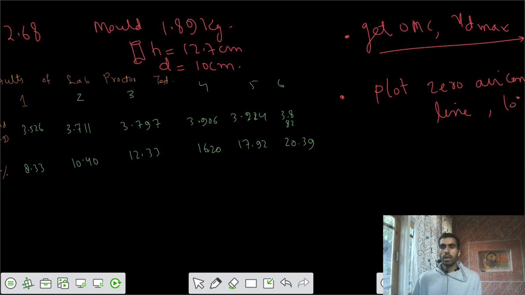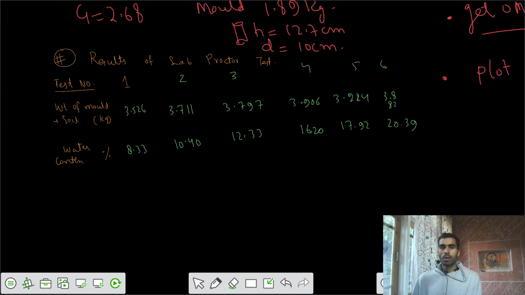For that we had to get the bulk density, because there is water content effect, so at a particular value of water content you won't get gamma dry, you would get some value of gamma bulk. So we need to calculate first what is the bulk unit weight at particular values of w.